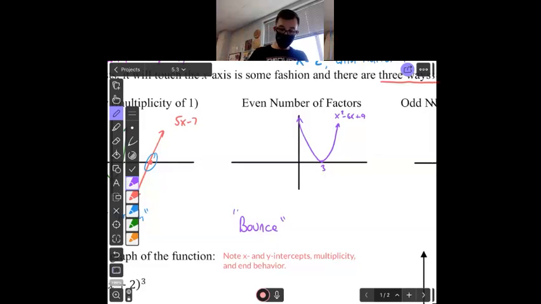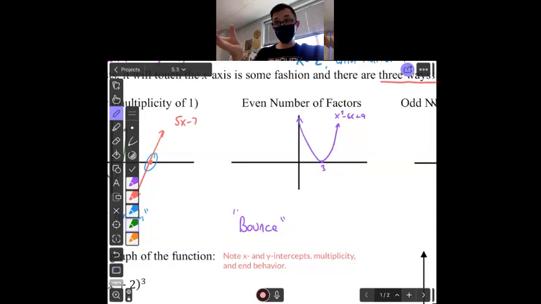Another example of something that would do this, another even factor, would be something like negative x to the 4th. X to the 4th is essentially going to look like a parabola, a skinnier, flatter-bottomed parabola.